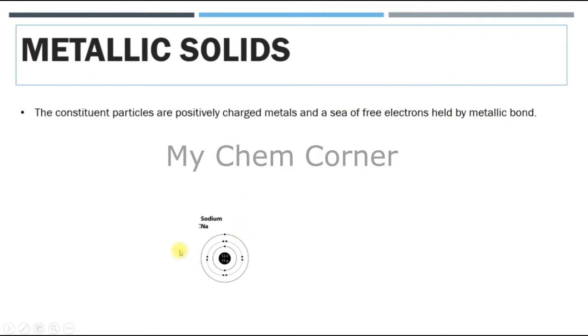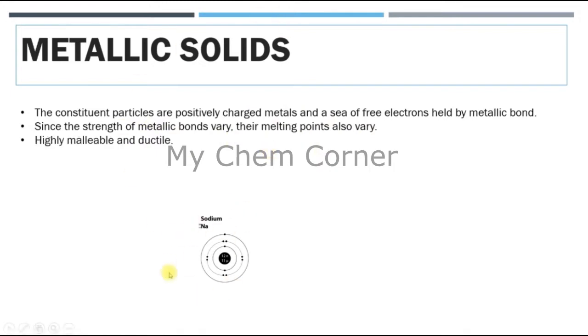Metals have a tendency to lose electrons, so obviously those electrons are free. These electrons are held by metallic bonds. The strength of metallic bonds will vary, depending on the property of each metal. Based on the strength of the metallic bonding, their melting points are also going to vary.